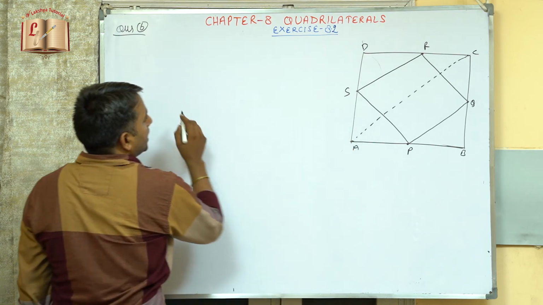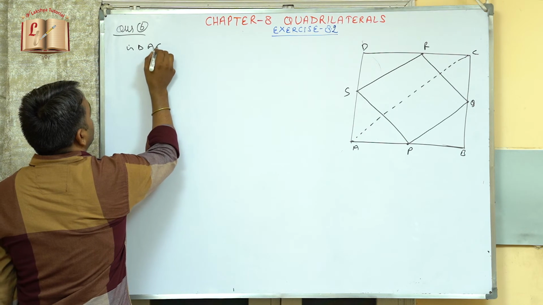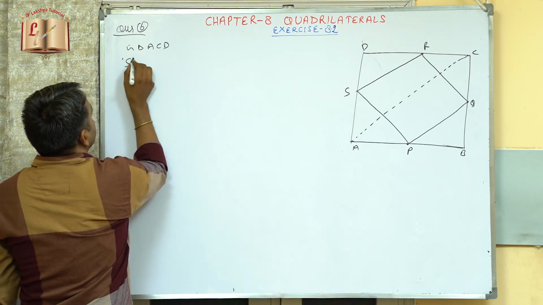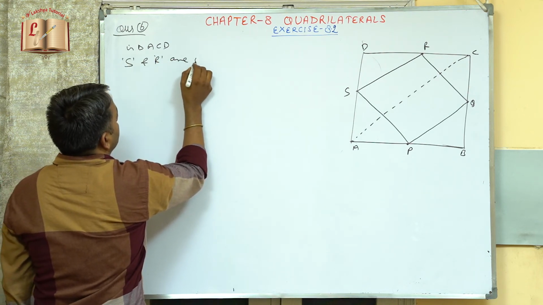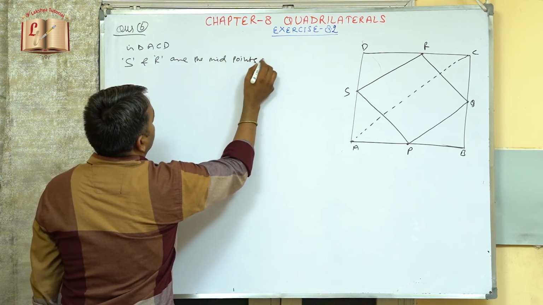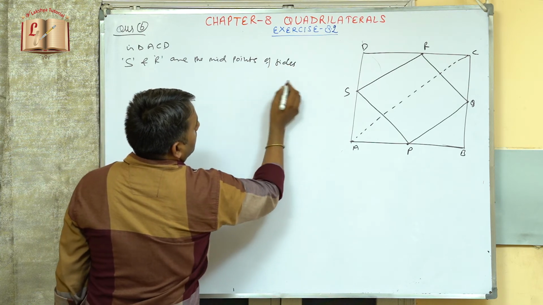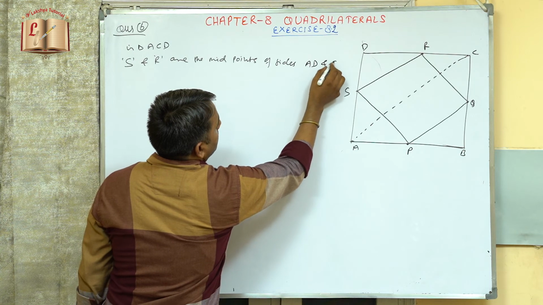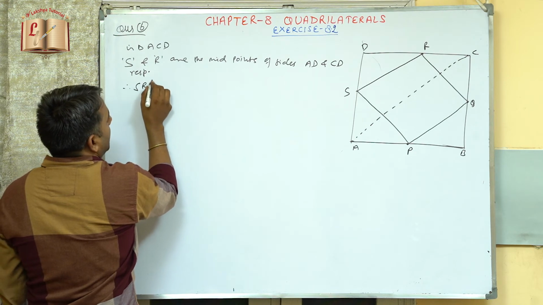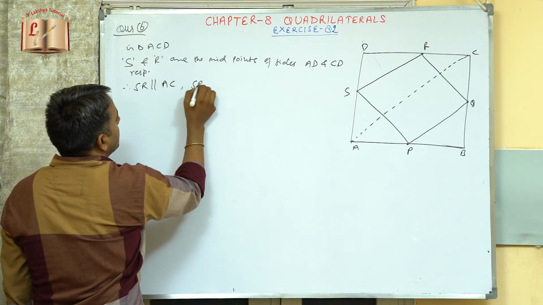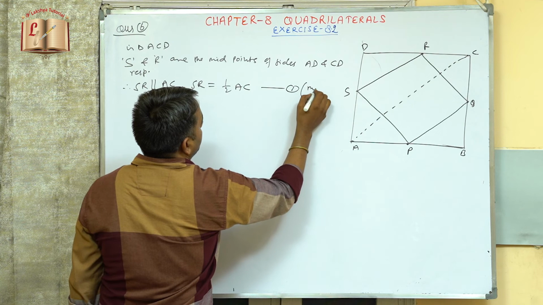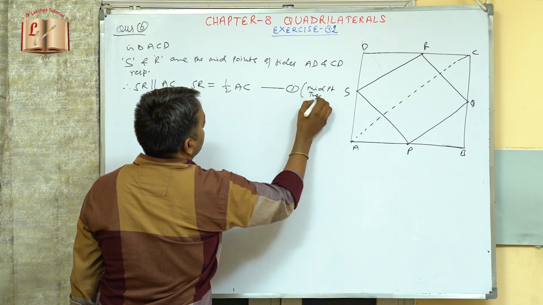Now see that in triangle ACD, S and R are the midpoints of sides AD and CD respectively. Therefore, I can write SR is parallel to AC and SR is equal to half of AC. So this is equation number 1, from the midpoint theorem.